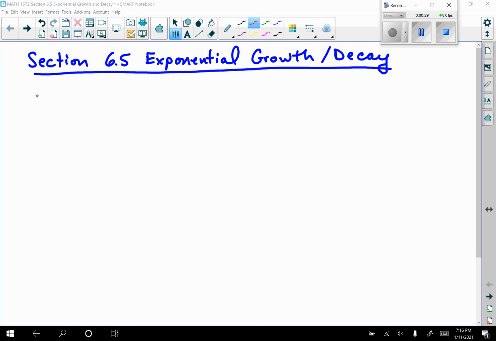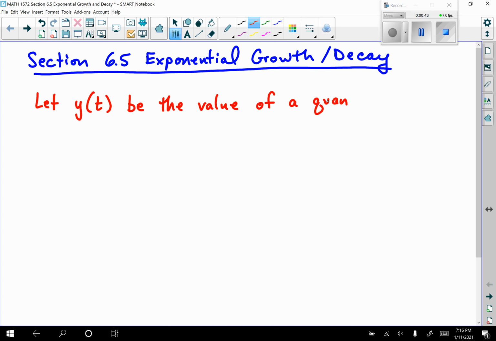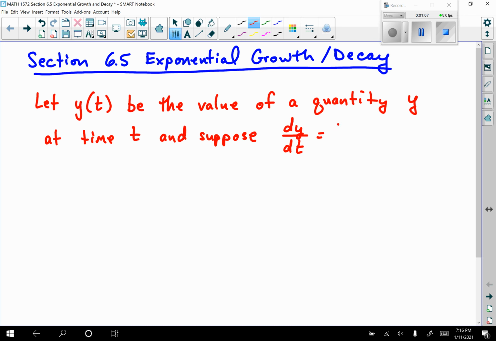So we're going to go ahead and let y of t be the value of a quantity y at time t, and suppose that the change in y, so the rate of change of y, dy with respect to t, so dy over dt, or the derivative of y, is going to equal ky, where k is a constant.